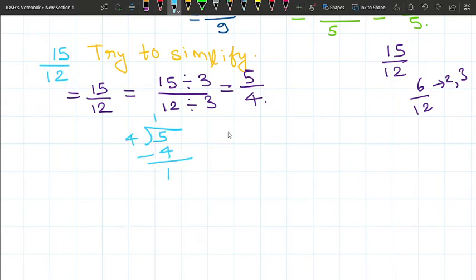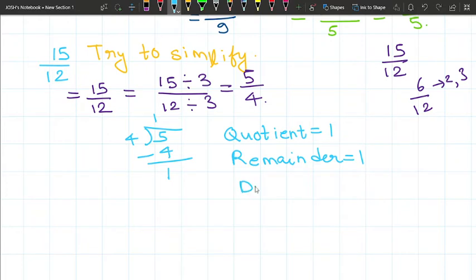So you see your quotient is 1, remainder is 1 and divisor is 4, dividend is 5.